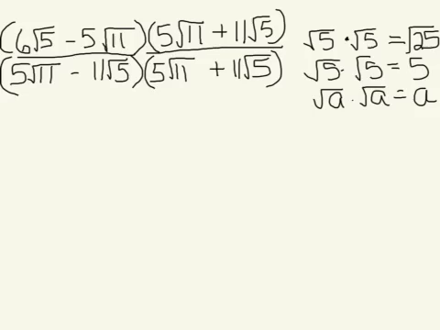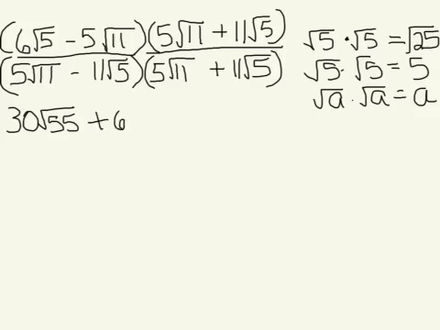Alright, so let's go ahead and FOIL out the top. 6 root 5 times 5 root 11 is 30 root 55. When I say root, I mean square root. 6 root 5 times 11 root 5, you do 6 times 11 is 66.